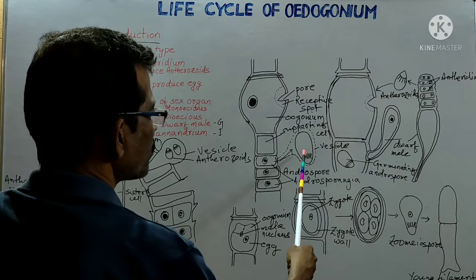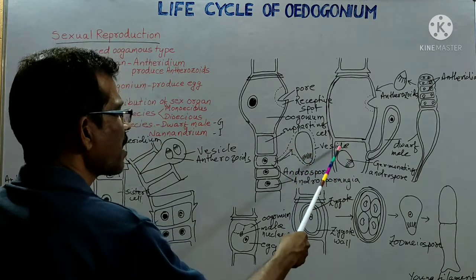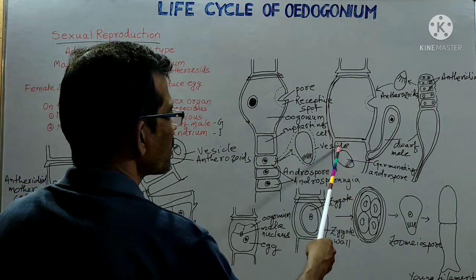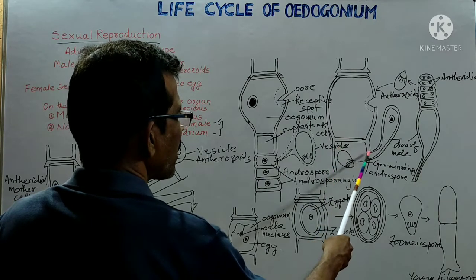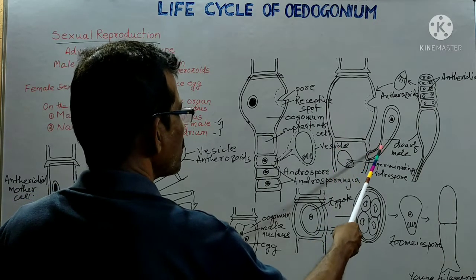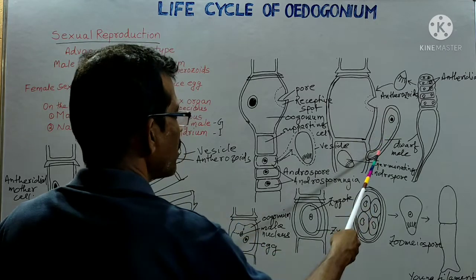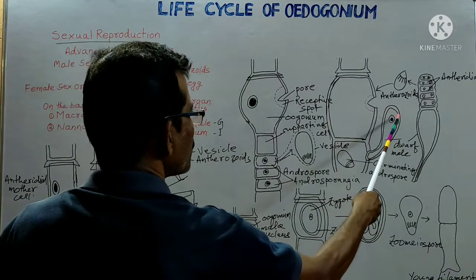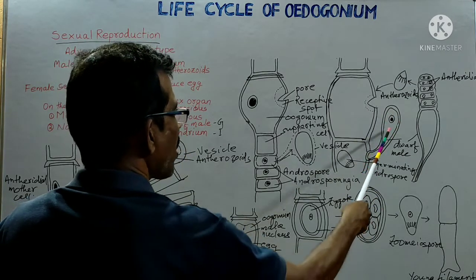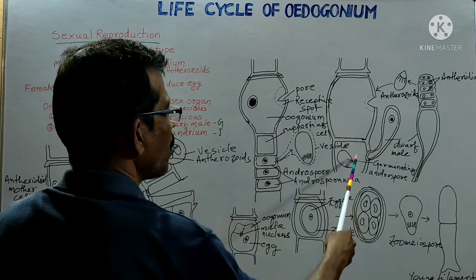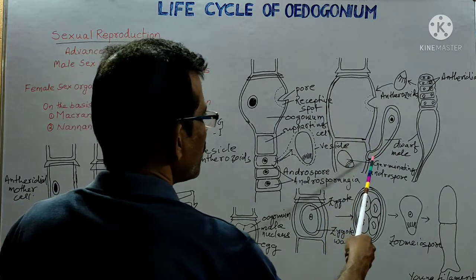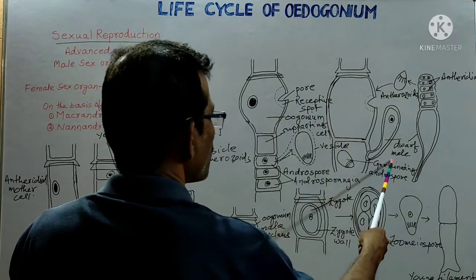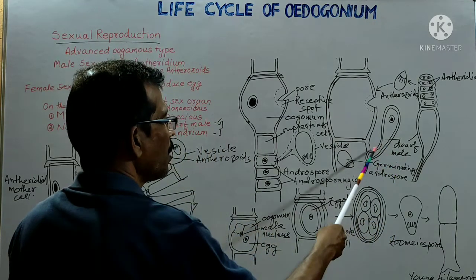This androspore moves and attaches to the supporting cell. There the androspore undergoes germination to form a short filament that is known as dwarf male. So this dwarf male is parasitic on this filament. This dwarf male is also known as nannandrium.